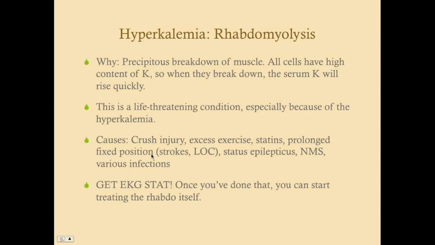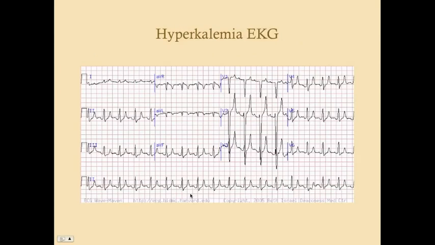So this is an EKG in a patient with hyperkalemia, and what you see here are peaked T waves. So you also see a widened QRS complex here, but the peaked T waves are what's going to give it away. So look at this on V4. The T wave is actually taller than the QRS complex. And you know this is your T wave here because it doesn't go down into the negative territory.